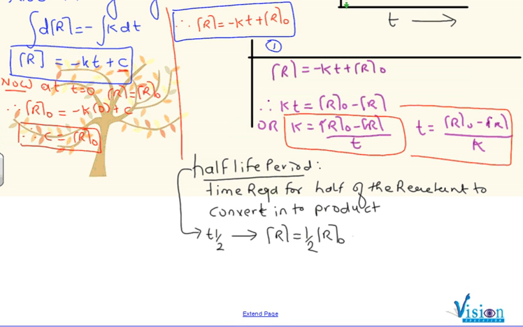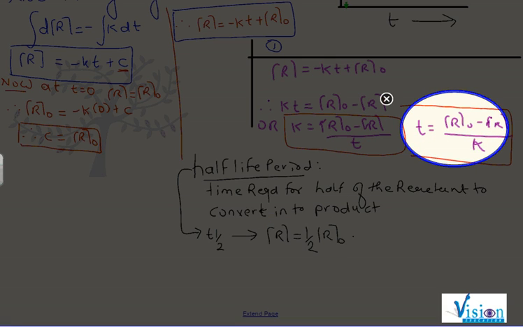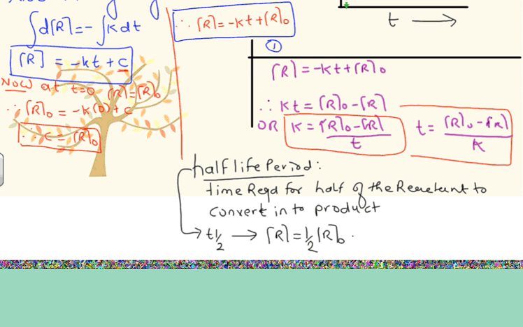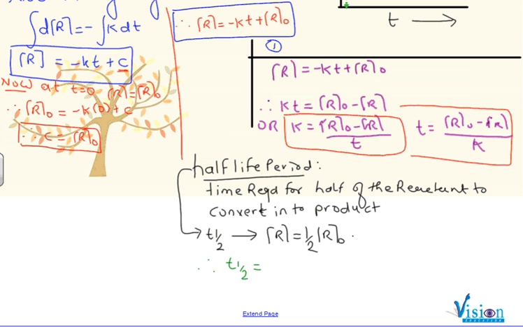So if we substitute this value in this equation, t equal to R0 minus R by k, अगर हम substitute करेंगे, then what we are going to get is, therefore, instead of t we are going to write t half equals to R0 original था, R equals to half R0, over k, R0 minus half R0 is half R0, or we can write like this, R0 by 2k.